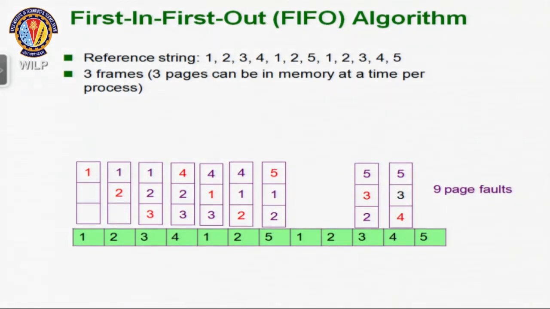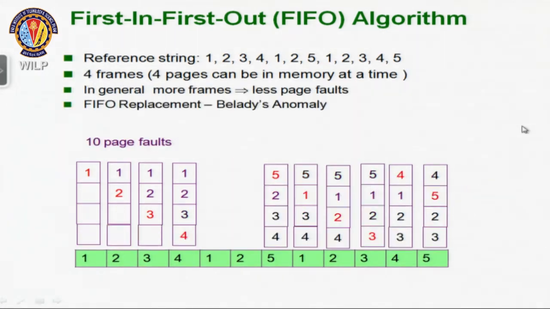For doing so, in my next example I am going to assume that I have 4 frames instead of 3 free frames. I am allocating 4 frames and I am trying to run the algorithm with the same string. In this case we can see the various page faults indicated here.